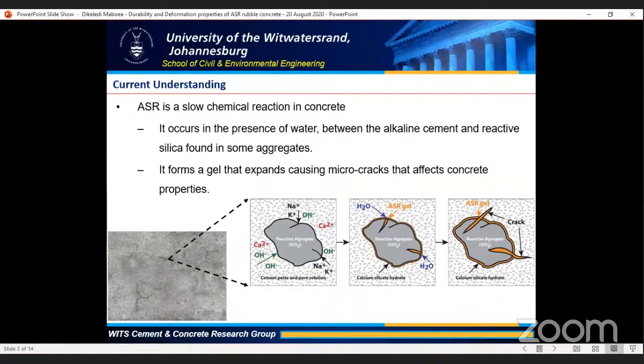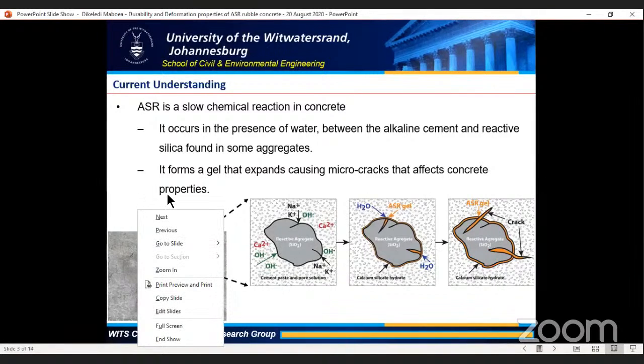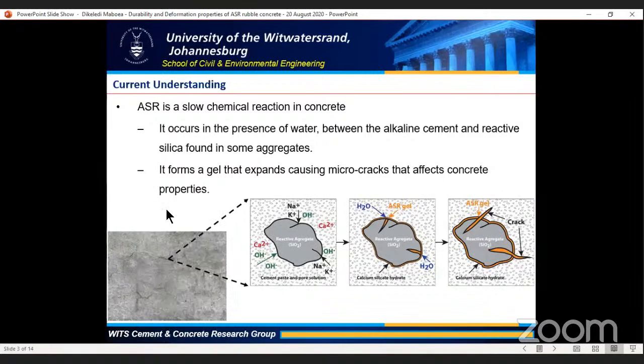The microcracks make the structure more vulnerable to other chemical attacks, weakening it even more. So with time, you would also see that the ASR, as you can see in the diagram, after the attack, there's gel that forms around the aggregate, and at times it would ooze out to be easily seen by other people as they pass by.